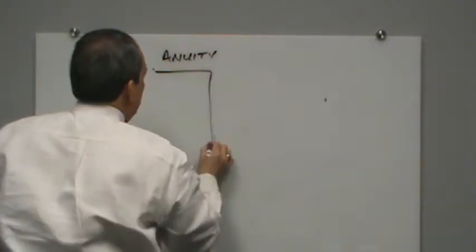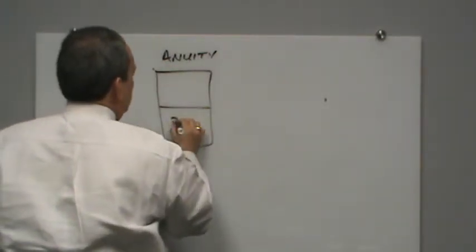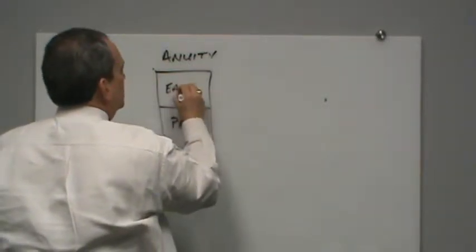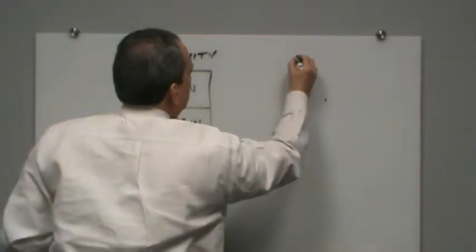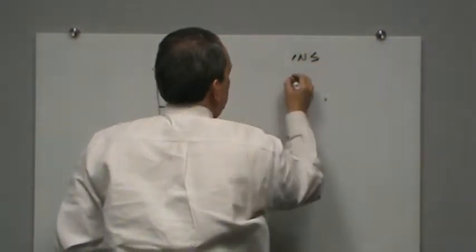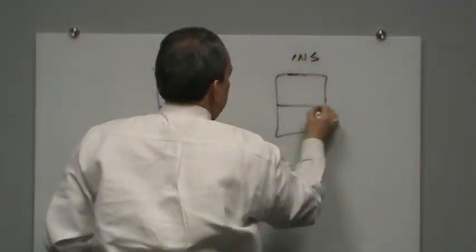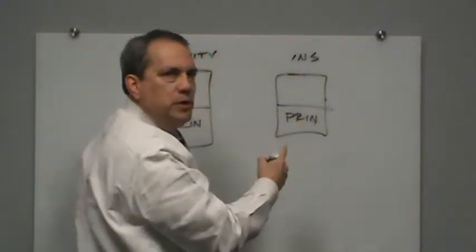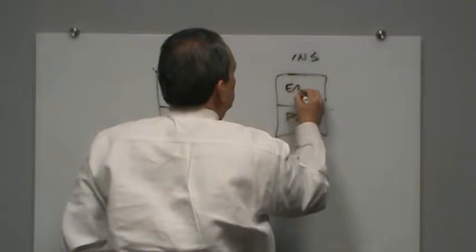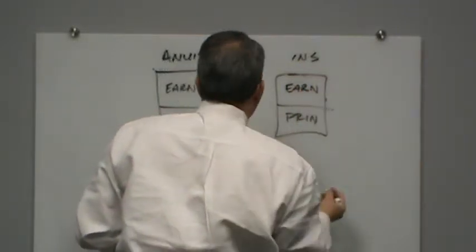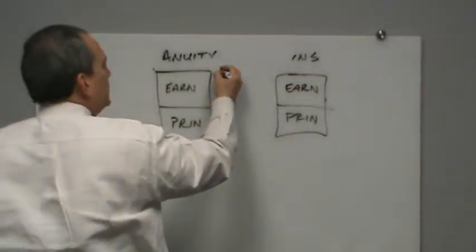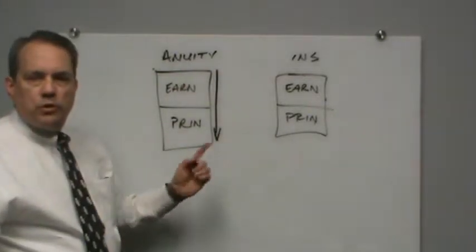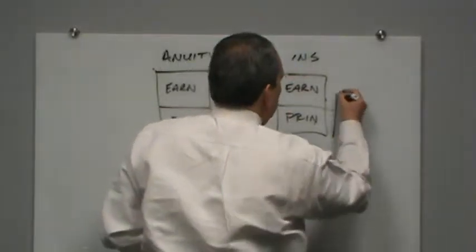You've got a certain amount of principal, which is after tax, a certain amount of earnings, which is pre-tax, and you've got the same thing over here on insurance. This is the sum of your premium payments, your principal, after-tax dollars; your earnings up here have not seen tax. What you're going to do here on the annuity side is withdraw this way. But with an insurance policy, you're going to withdraw this way.